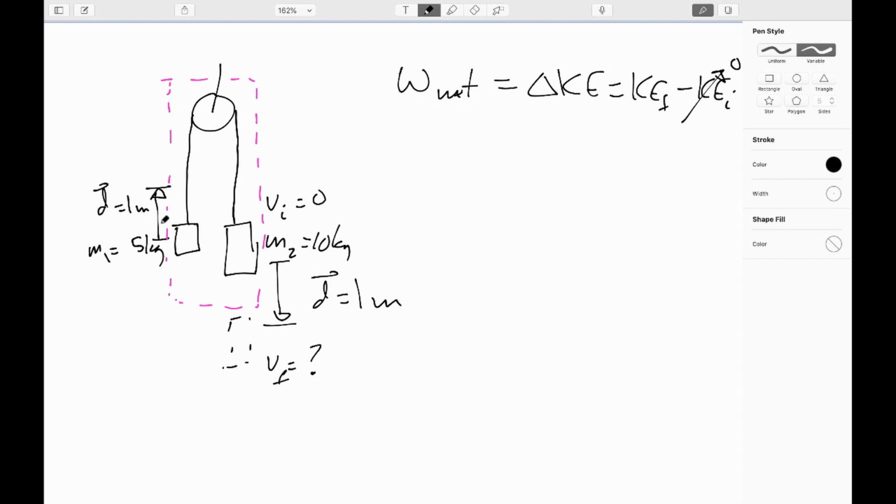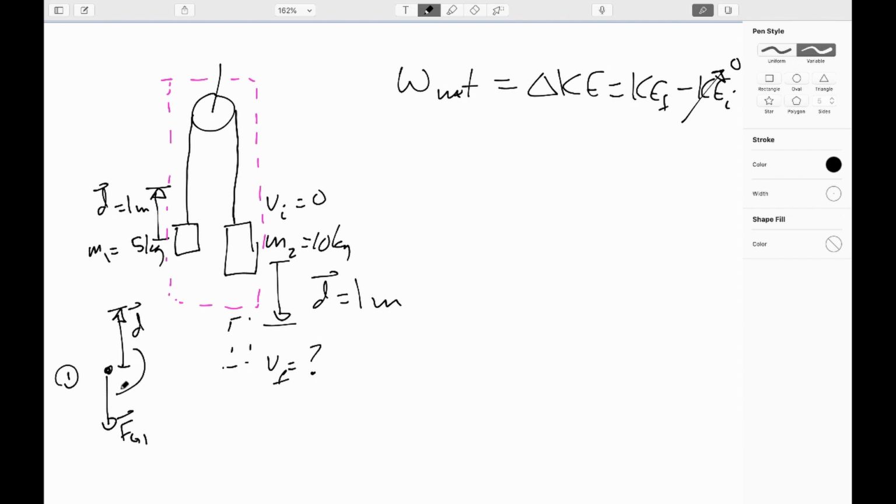Now here, let's work out the work done on each of the masses. So the work done on mass number 1, well here, the force of gravity on the mass is clearly pointing down, but its displacement is up.